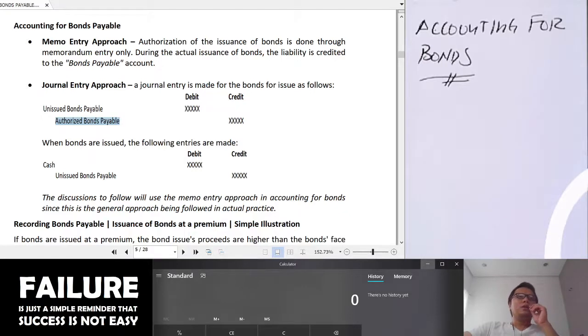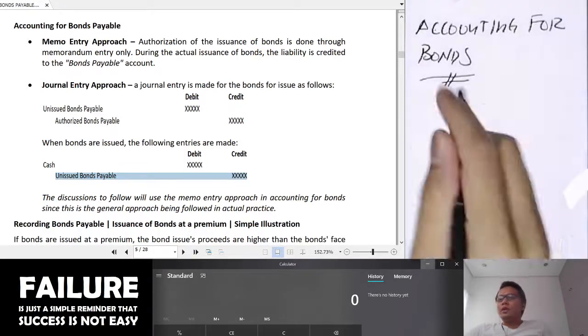When we issue bonds, the issue price is debited to cash, and the credit would go to unissued bonds payable.